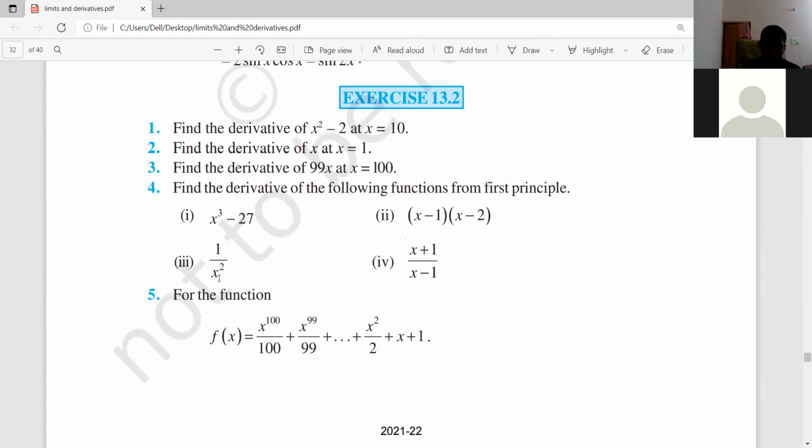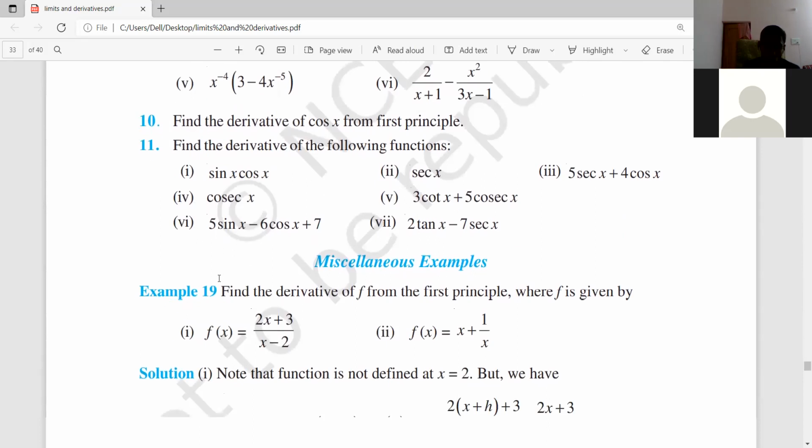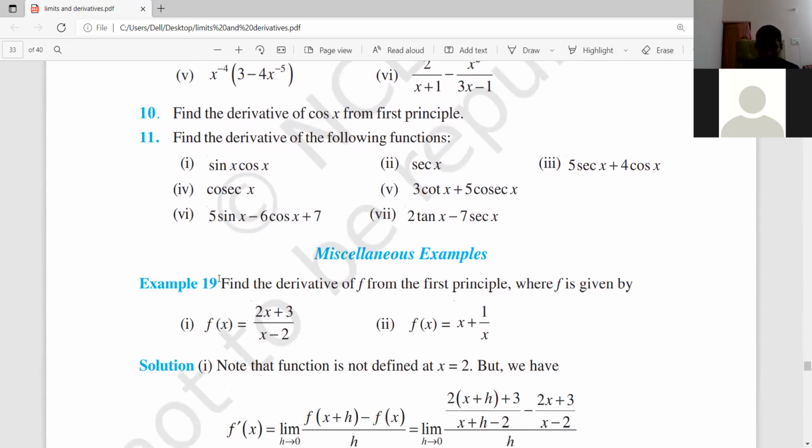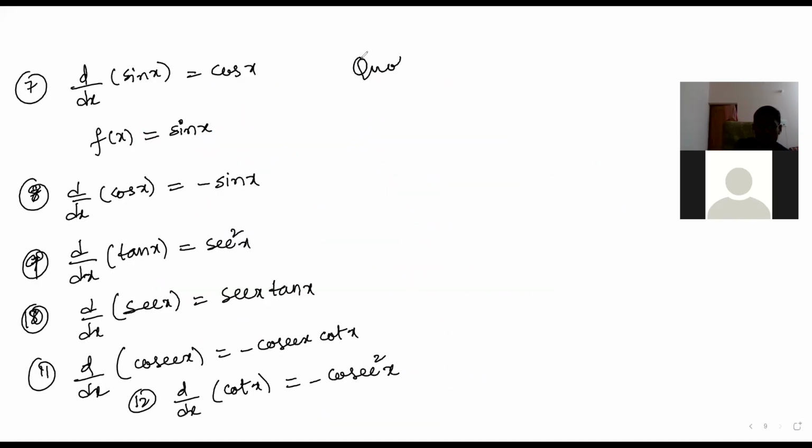Okay, 3.2. What shall we do is, better one thing, it will be done. Yeah, quotient rule. Product rule, quotient rule.